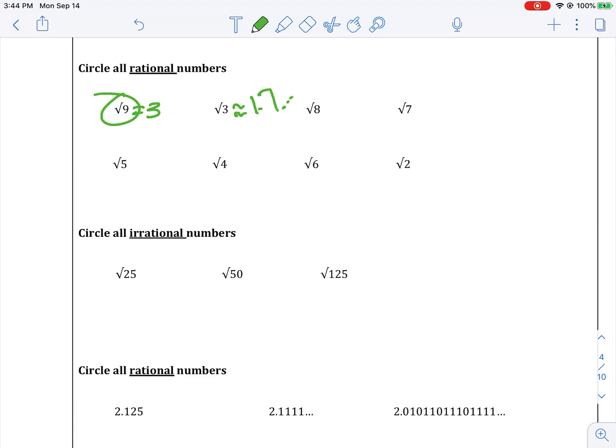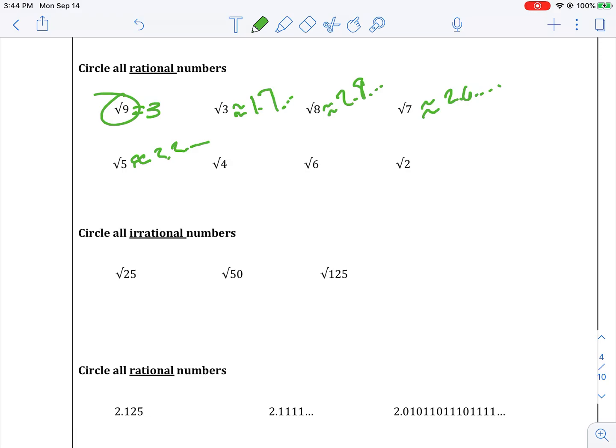Square root of 8, you get about 2.828, and so on. That is irrational. Square root of 7, you get 2.6, and it goes on forever. That is also irrational. Square root of 5, you get 2.2, and that goes on forever.